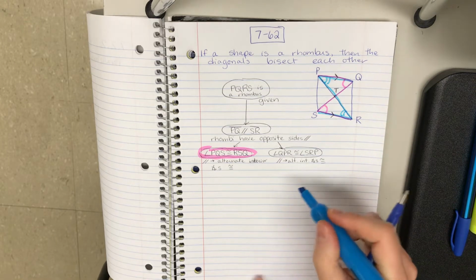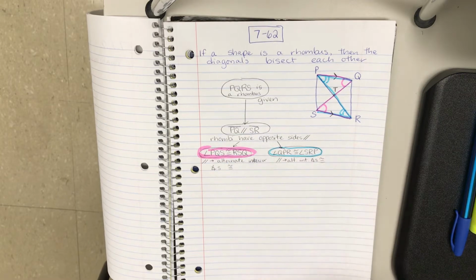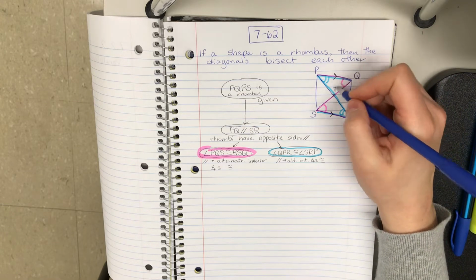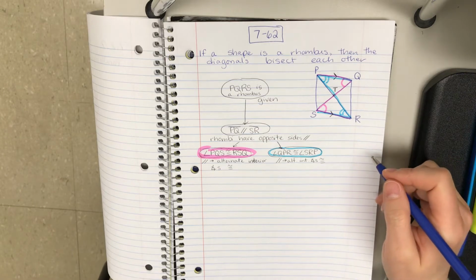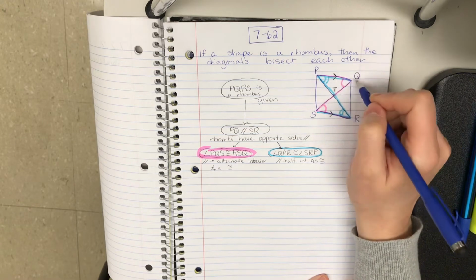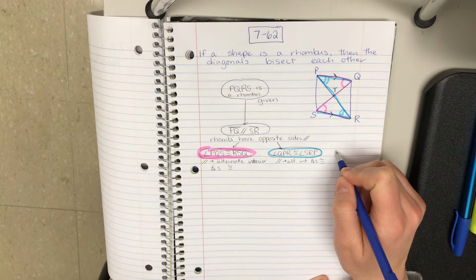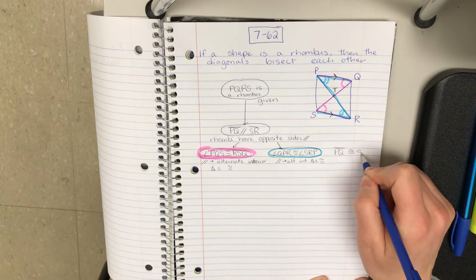Okay, and I did shorten that up a little bit, but I did write it all the way out in that side. The other thing that I want to say is that not because of the arrows, but because it's a rhombus, that side PQ is congruent to side SR, okay? So PQ is congruent to SR.